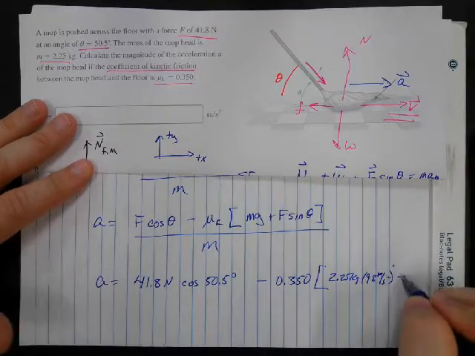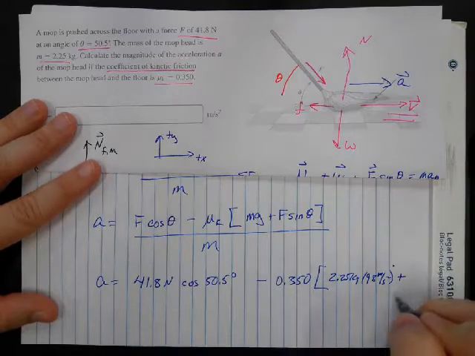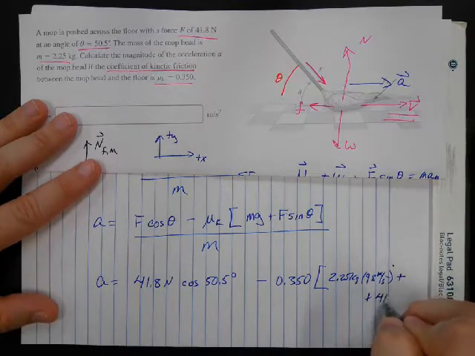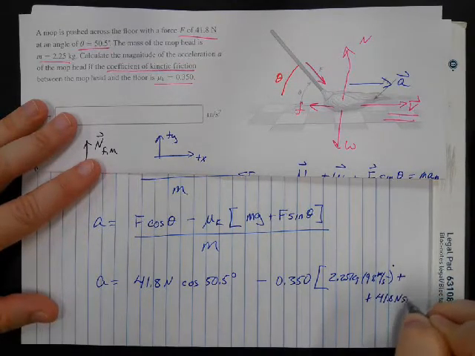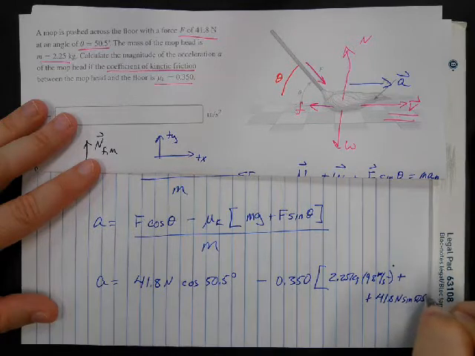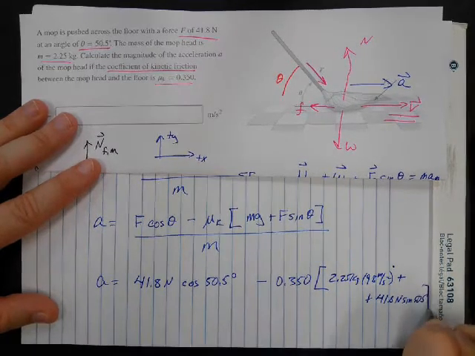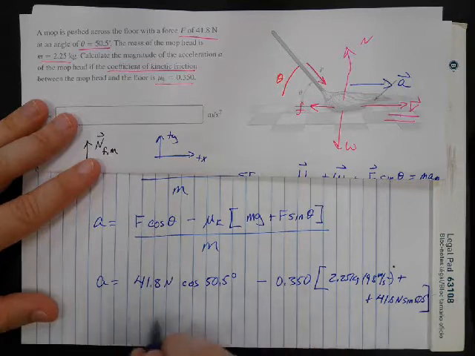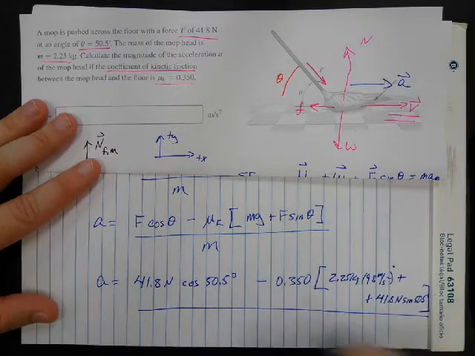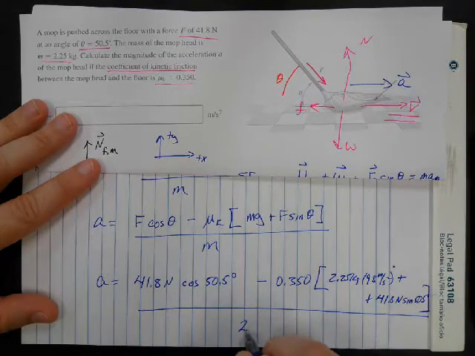And we're going to add 41.8 newtons sine 50.5 degrees. And then we're going to divide the whole thing by mass, 2.25 kilograms.